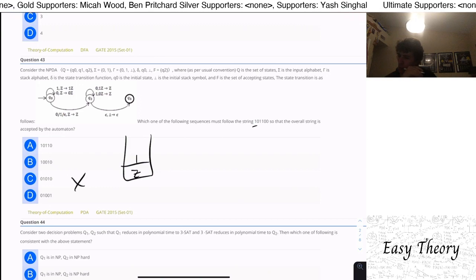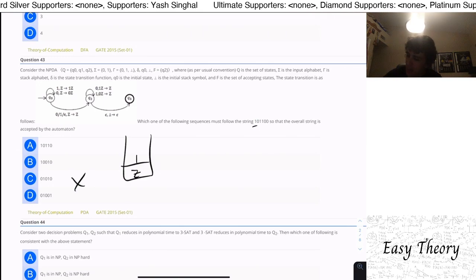1, 0, 0. Oh, no, it's not exactly palindromes. Never mind, because of the 0 and the 1 here.